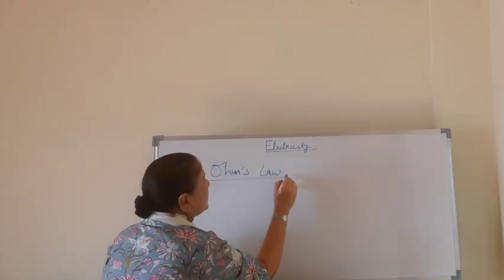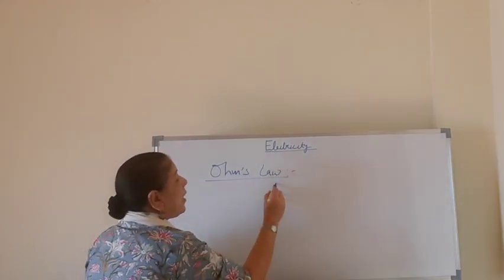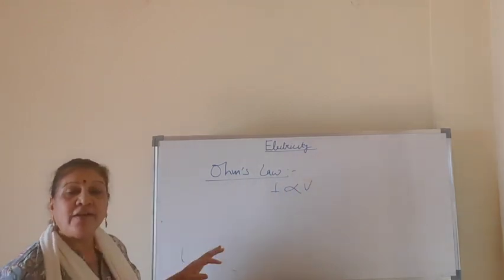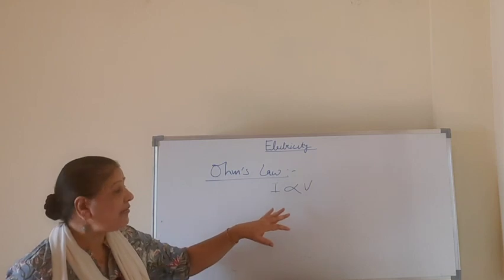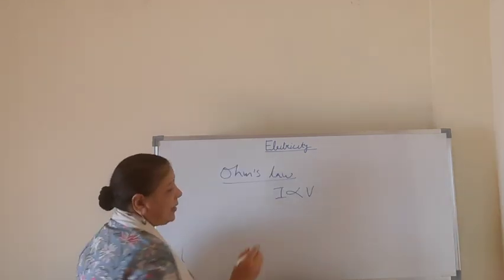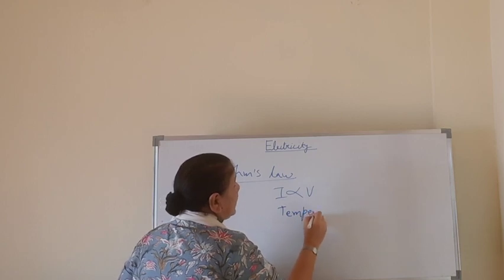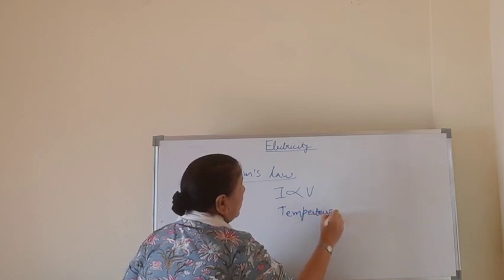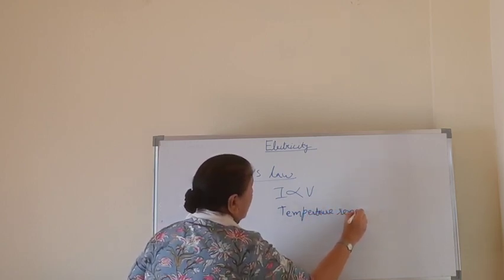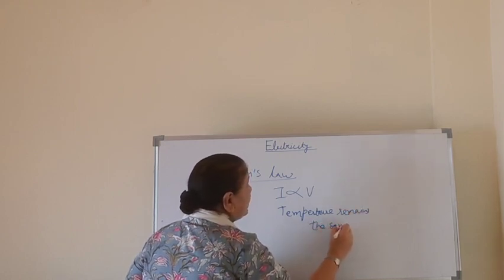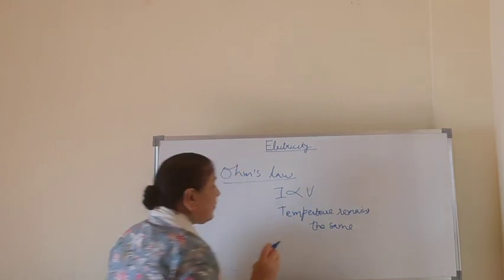Ohm was the physicist who said that the electric current flowing in a circuit is always proportional to the potential difference across its ends, provided the temperature remains the same, or provided the physical conditions remain the same.